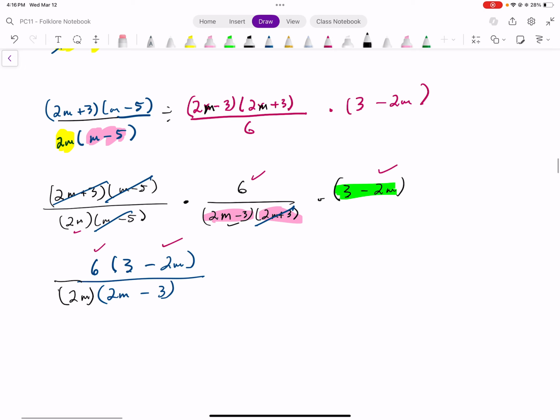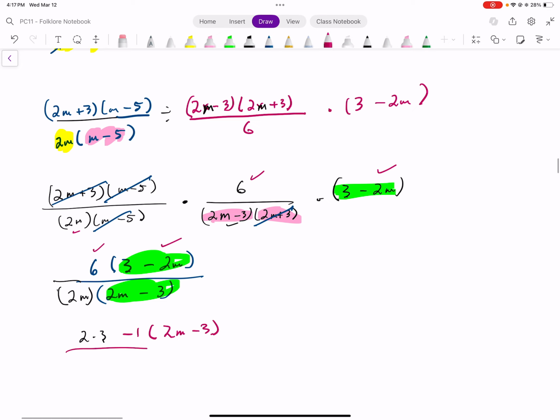Oh, I notice that 6 can be thought of as 2 times 3. I also noticed that this and this are additive inverses. So if I just factor out negative 1 from 3 minus 2m, it changes to 2m minus 3. I'm going to divide this by 2m and 2m minus 3.